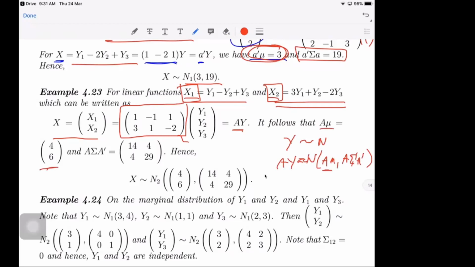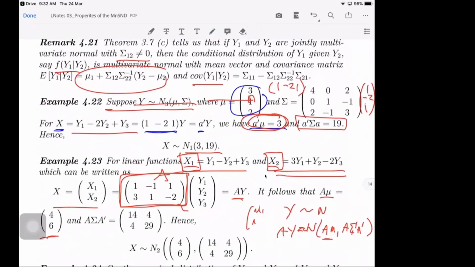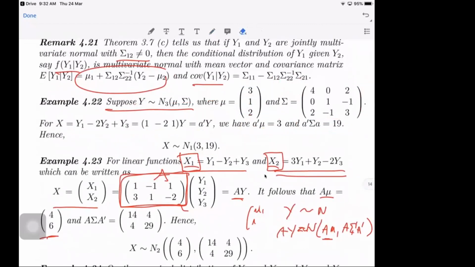That is after you multiply this matrix A to your mu, which is mu1, mu2, mu3, with mu1 equal to 3, mu2 equal to 1, mu3 equal to 2.